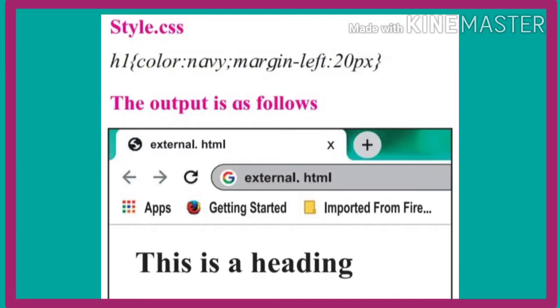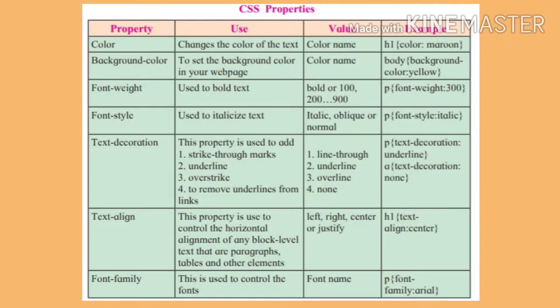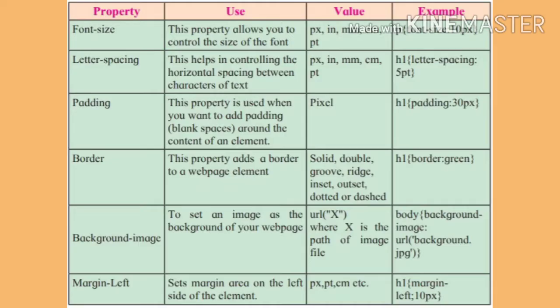Here the style.css external file is used by using the href attribute. This table shows all the CSS properties you can use in three different CSS types. You can use it in inline CSS, internal CSS and external CSS as per your requirement.